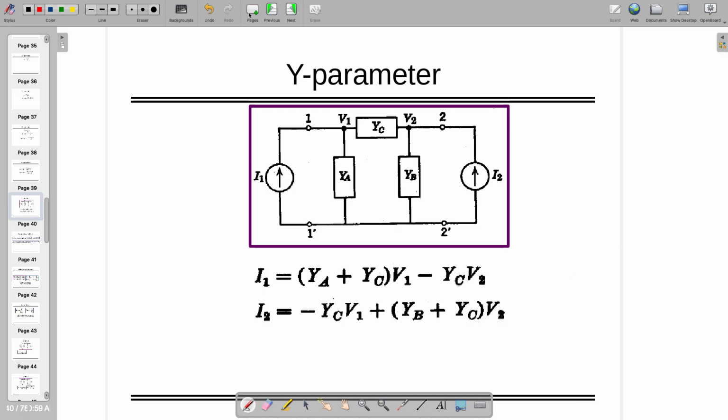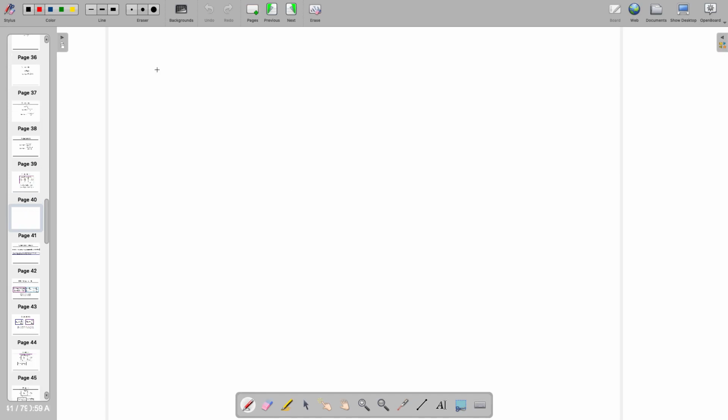Yeah. So we studied the following things in two-port networks. One is called Z parameter and one is called Y parameter. Moreover, we also learned two kinds of network.